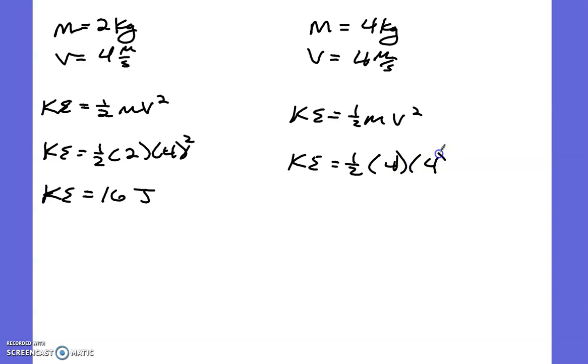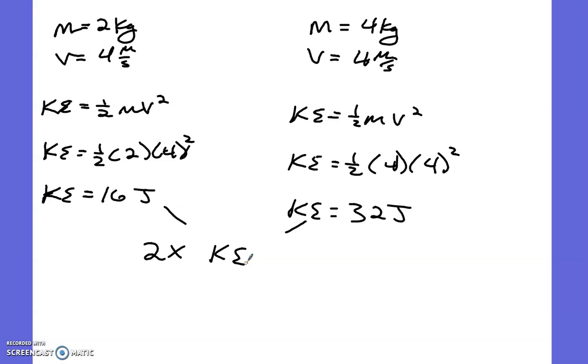And the speed is also 4. If I calculate this, 1/2 of 4 is 2. And 4 squared is 16. So we take 2 times 16, which gets us 32 joules. And what we've done here is by doubling the mass, we have doubled the kinetic energy. We have 2 times the kinetic energy when we double the mass.